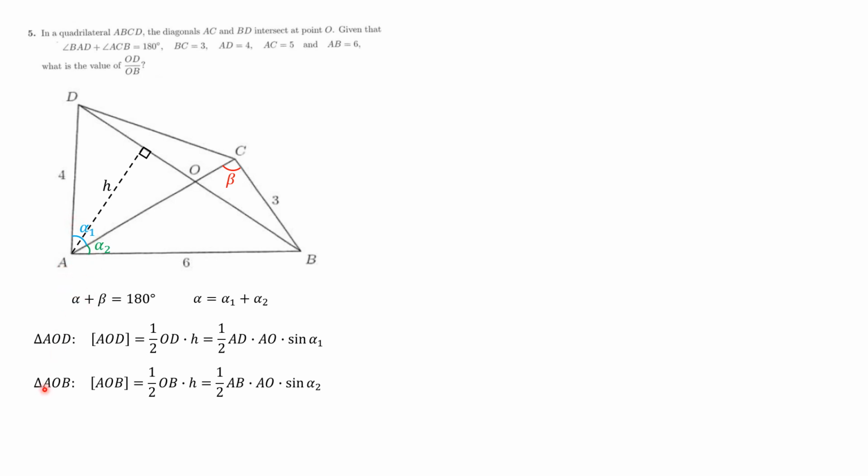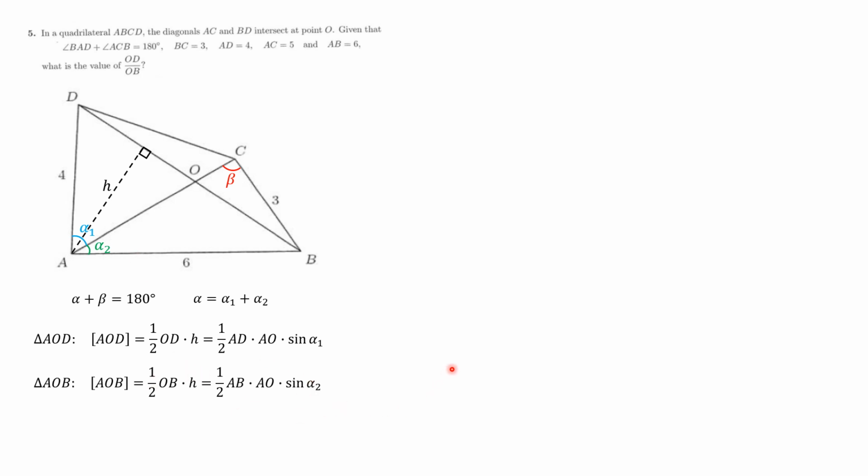Similarly, for triangle AOB, the area is this height times this base divided by 2, or this side times this side and the sine of the angle between them divided by 2.